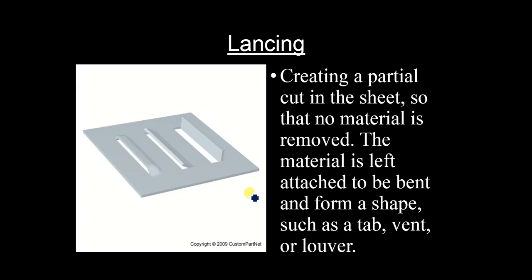We have the next operation over here, which is called the lancing operation. Clear? In this operation, we are again cutting the material. We are not removing or eliminating any scrap from the sheet metal. But you can see the different shapes over here. How is this shape generated? We are creating a cut over here, a cut over here, and a cut over here.